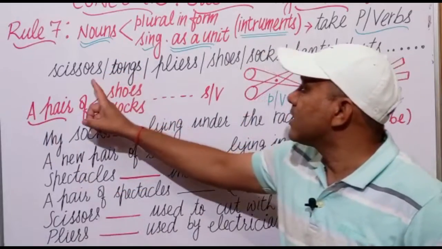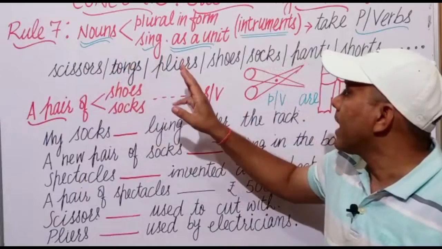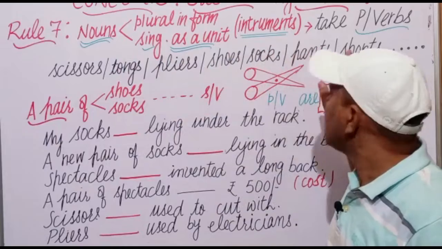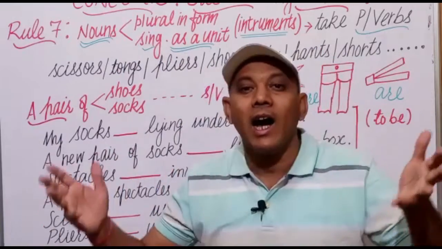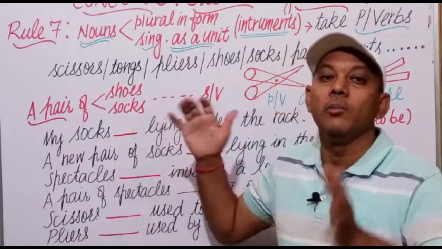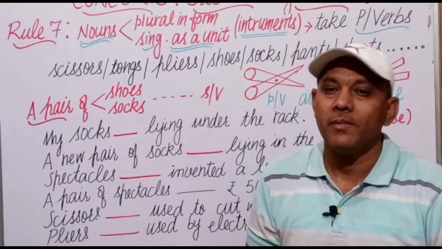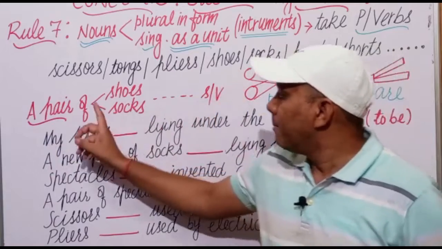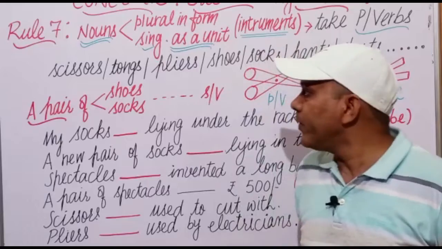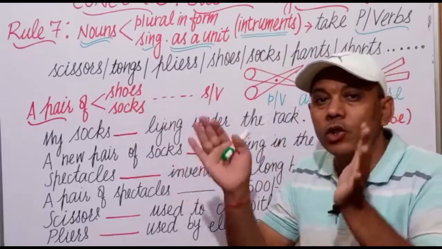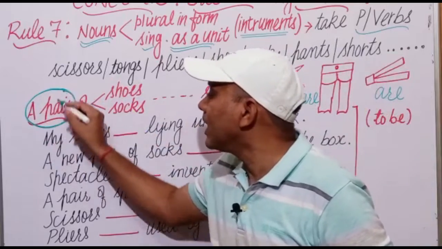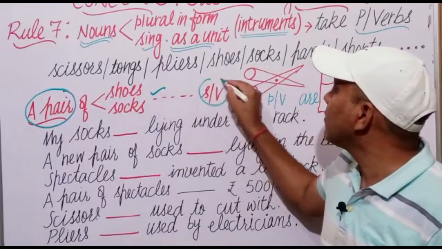These words, scissors, tongs, pliers, shoes, socks, pants, shorts, etc., are used with plural verbs. They take plural verbs after them. But when this phrase "a pair of" is used before these words, before these instruments or these subjects, then it becomes singular and it will take a singular verb.